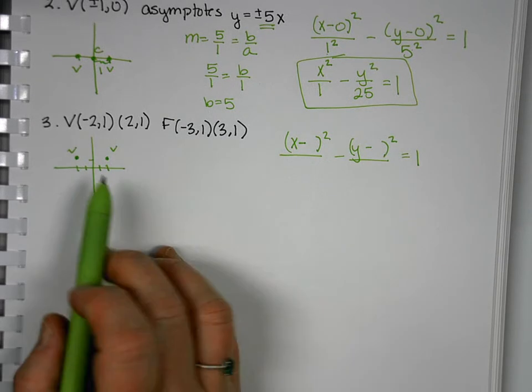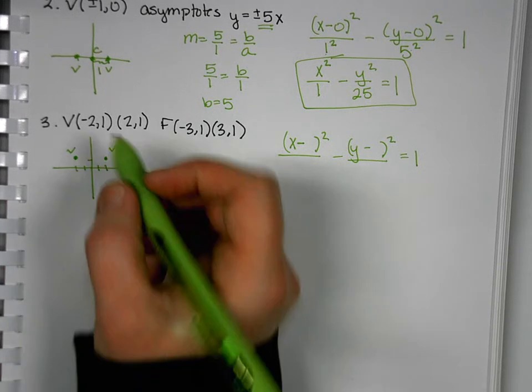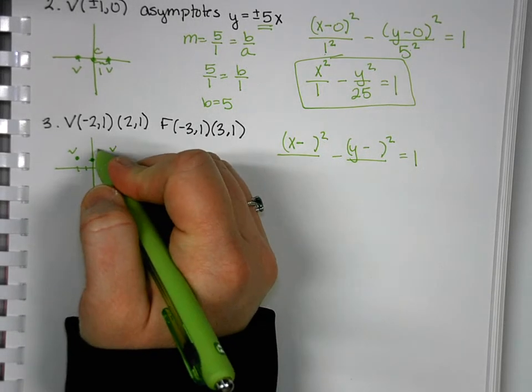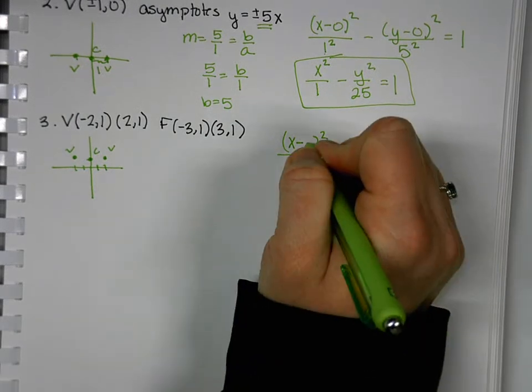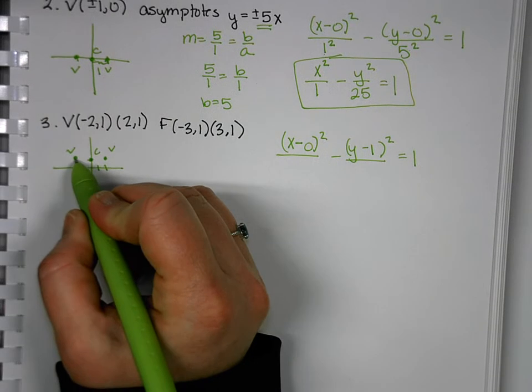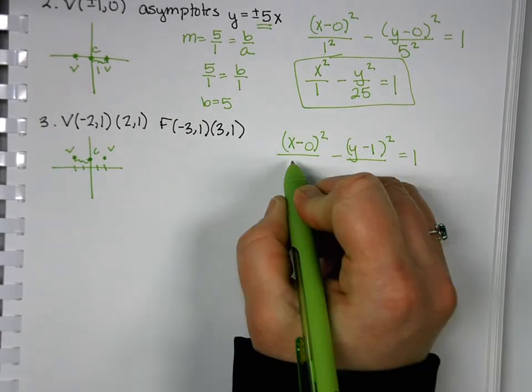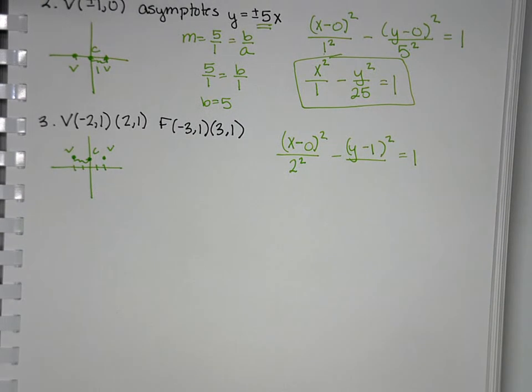So when I look for the middle of my two vertices, that'll be my center. So my middle is right here on the y-axis at 0, 1. So I'm going to plug 0 and 1 in for my center. Now the distance between my center and my vertices is 2. So that's going to be 2 squared for my a squared.